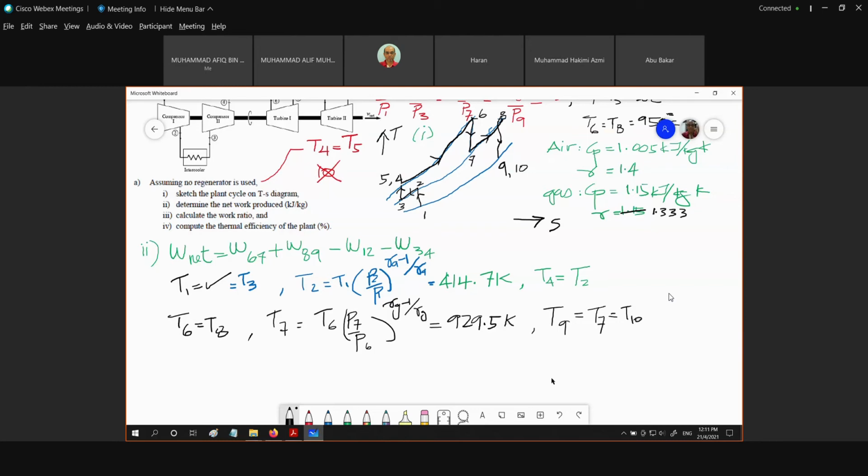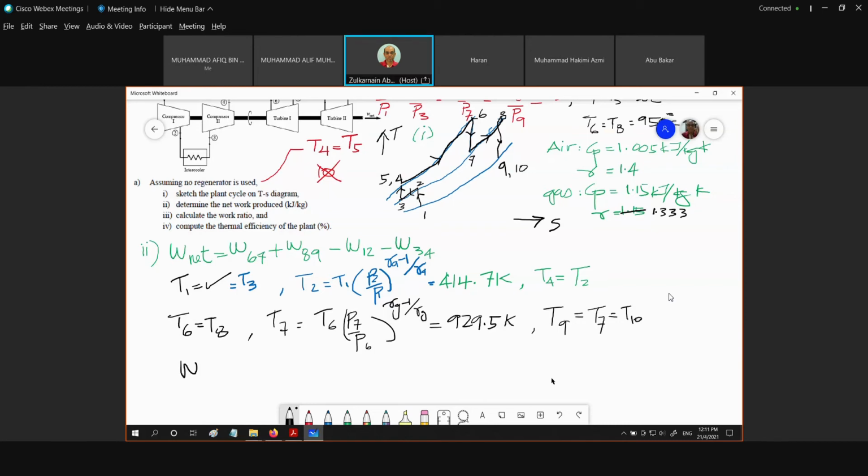So what is our W net? We need the work ratio, meaning that we need to have individual work for the turbine. So it's advisable for you to have each one as a different calculation. So what is the work for the turbine?